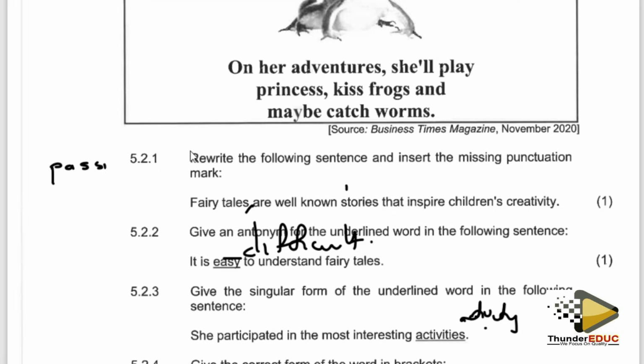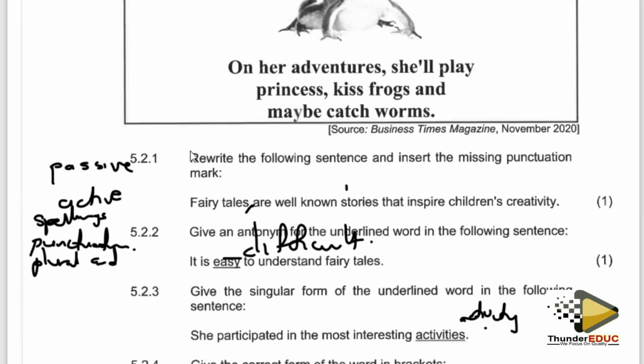Passive voice, active voice, spellings, punctuation, plural and singular form of words is the other one.